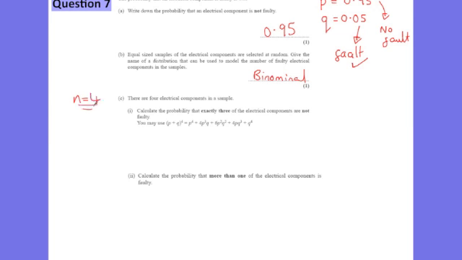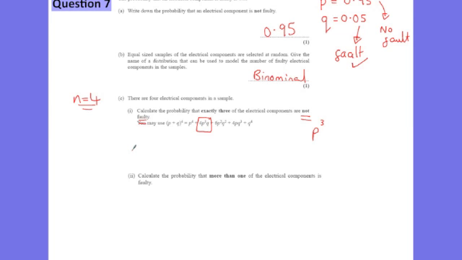Calculate the probability that exactly 3 of the electrical components are not faulty. Okay, not faulty. So we need our P to be to the power 3. So we're looking here at this part of the binomial expansion.